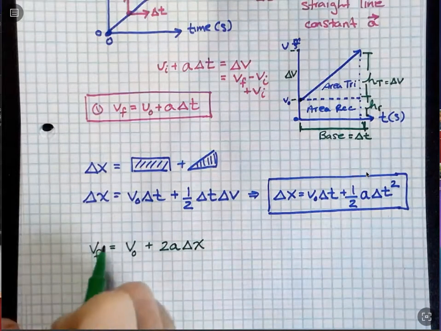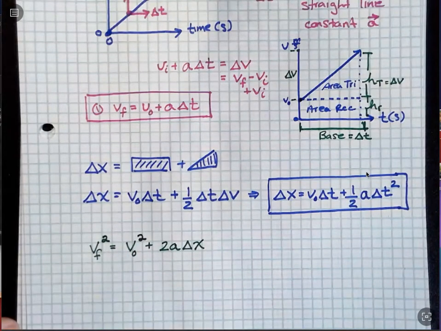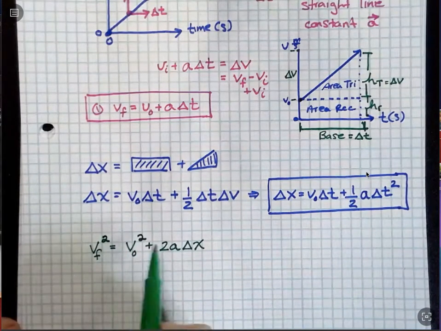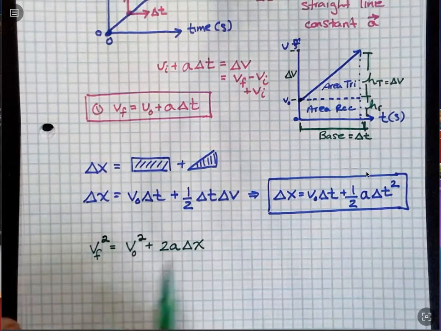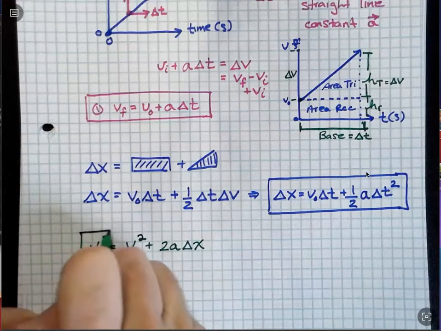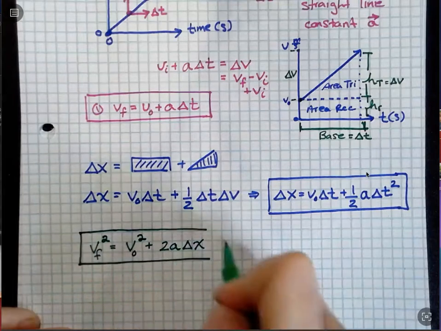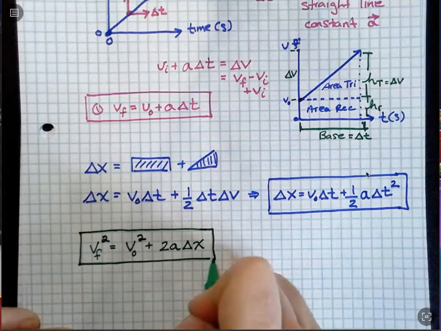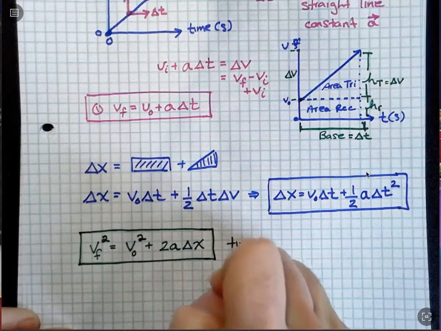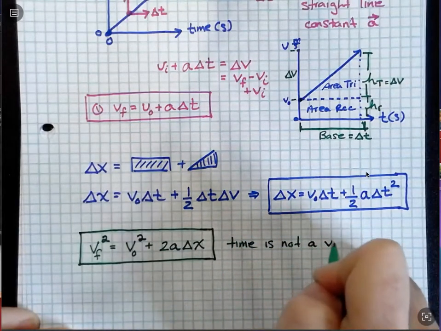The difference is with this formula, these velocities are squared. Other than the squared variables, though, it's pretty much just straight basic algebra like we've seen in the past. This equation is the one that I think is most unique because it will allow us to solve problems in which time is not a variable.